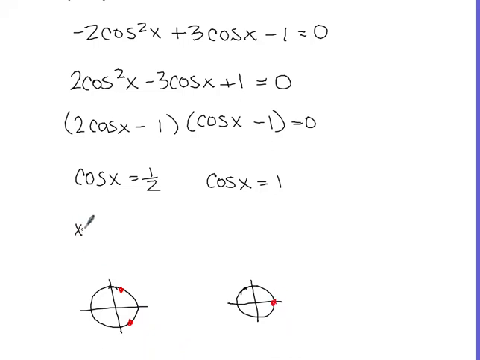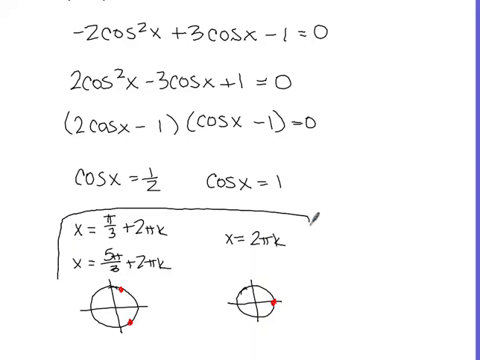So my answers are x equals pi over 3 plus 2 pi k, and x equals 5 pi over 3 plus 2 pi k, and x equals, you could write 0 plus 2 pi k, but that's just the same as 2 pi k. So those are our solutions.